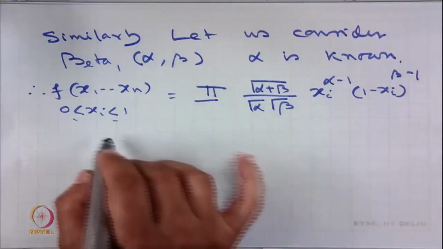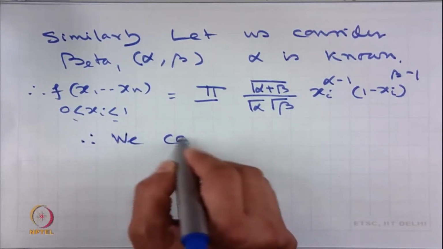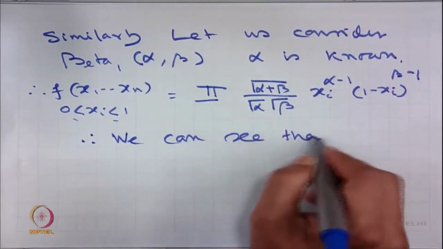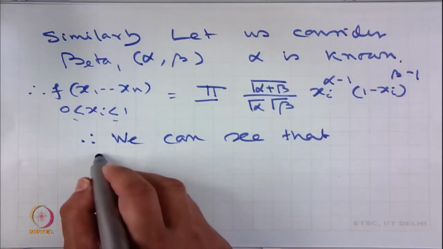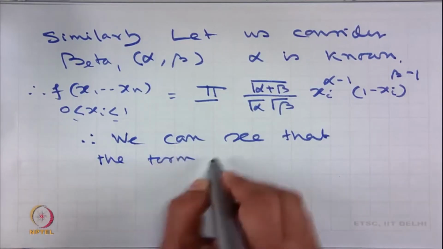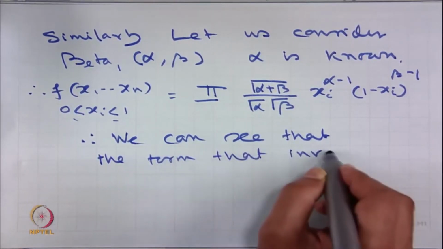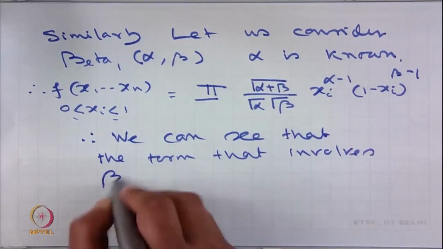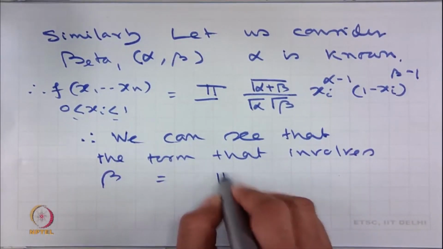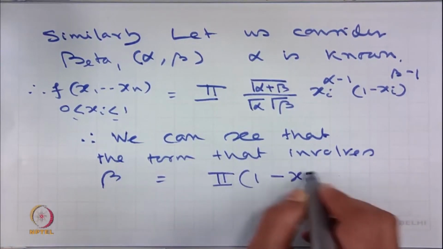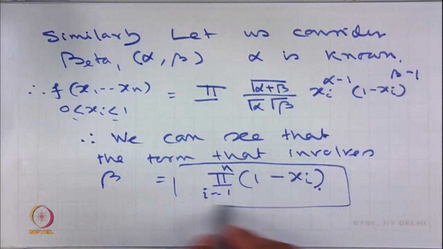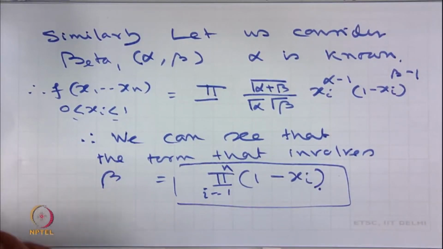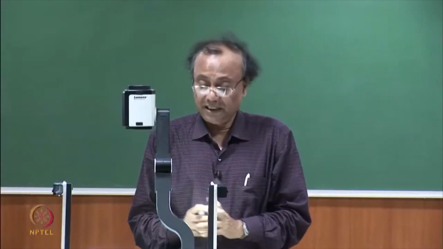Therefore, we can see that the only term that involves beta is the product of (1 minus xi). Therefore, we can say that this is sufficient to estimate beta.